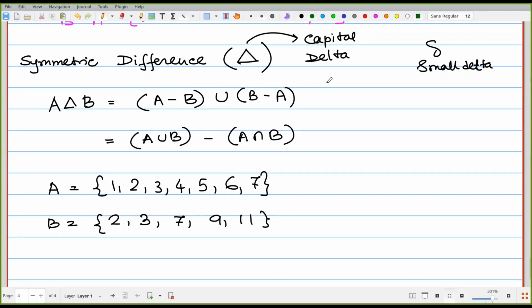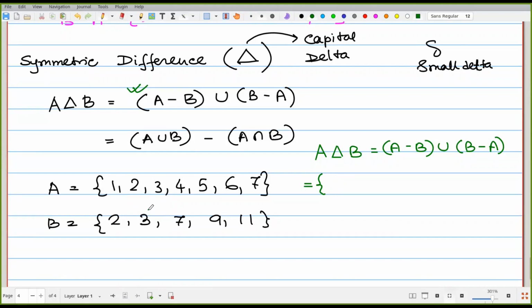What is happening with A symmetric difference B? At first, I am proceeding with A minus B union B minus A. First, A minus B. What is A minus B?